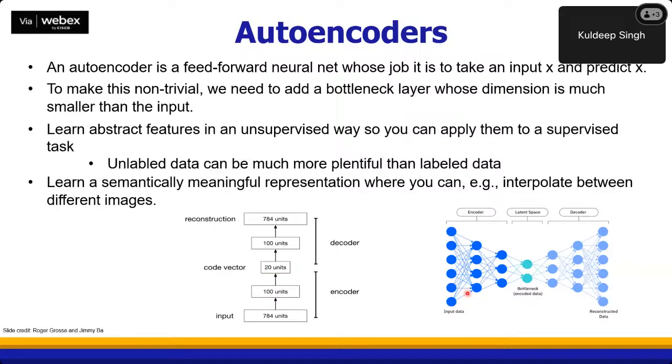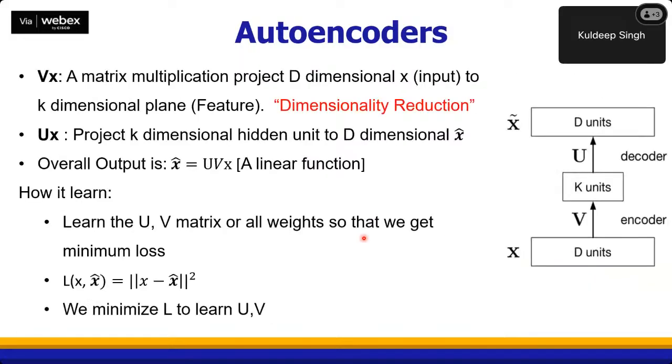This is another representation of it. Here we have the encoder. This is the latent space, a lower dimensional representation of the input data, and then the decoder reconstructs the data back. Now, how do we achieve this? You have a d-dimensional input X. This encoder function V projects this d-dimensional input to a k-dimensional plane.